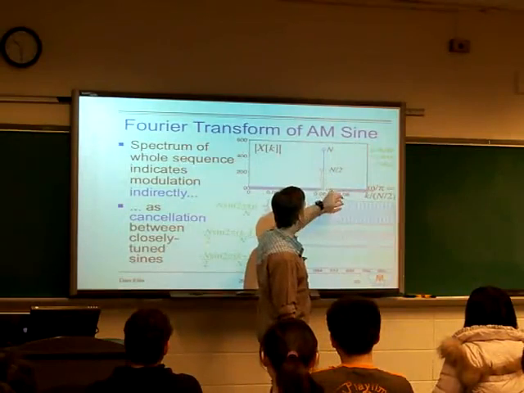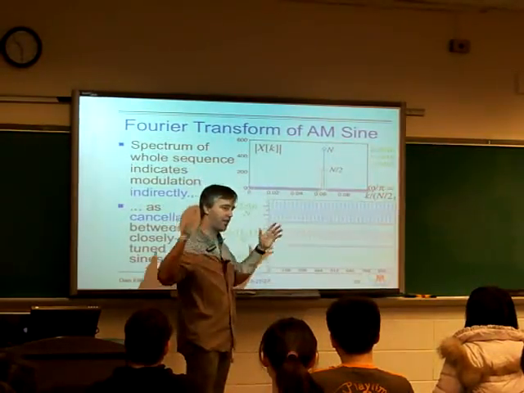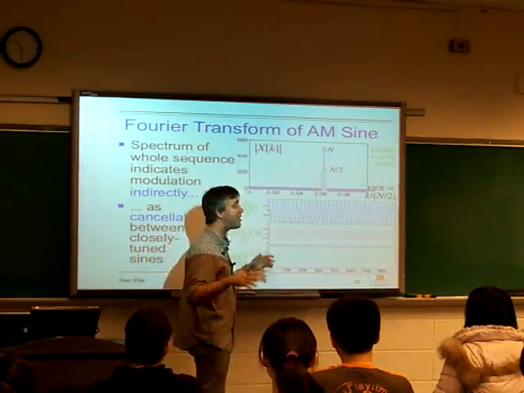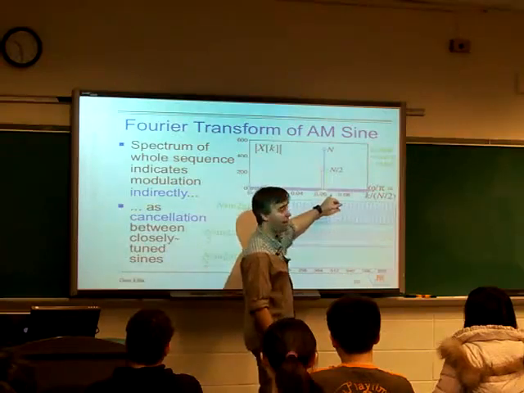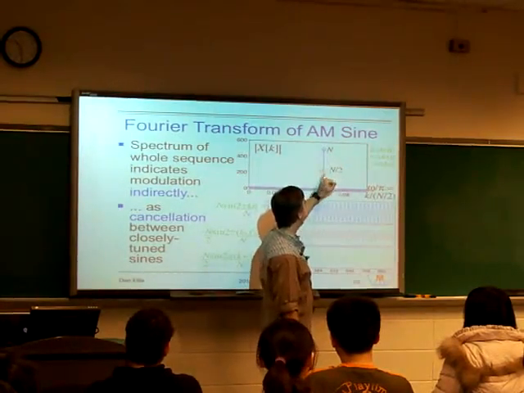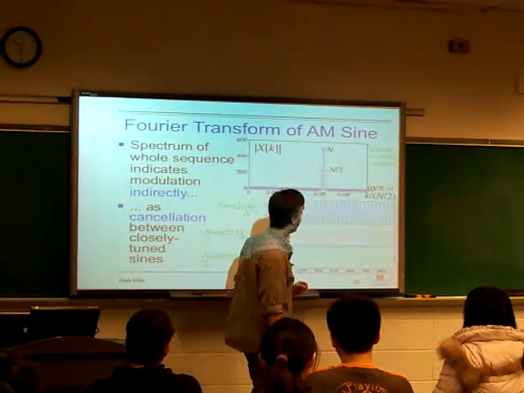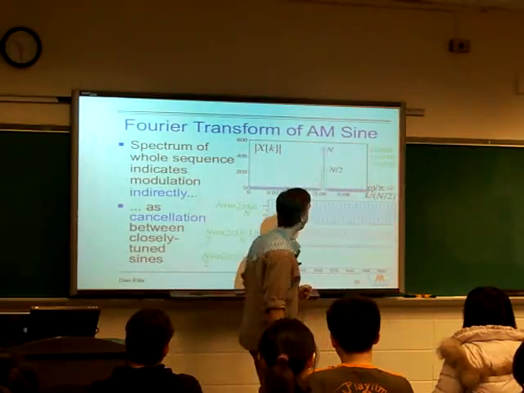So if that window we saw before was an exact number of cycles, and we take a DFT of that exact length, we get something like this with basically three non-zero terms: one at the carrier and then two adjacent flanking sinusoids, which are these sum and difference terms.